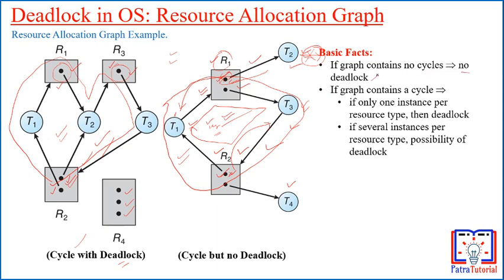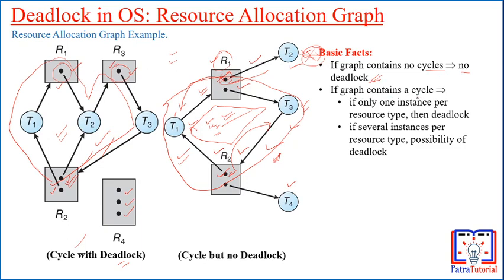For a system to be in a deadlock state, it should satisfy the circular wait condition, and circular wait is nothing but this cycle. There should be at least one cycle. If there is no cycle, it is not satisfying the hold and wait or circular wait condition, so there is no deadlock.